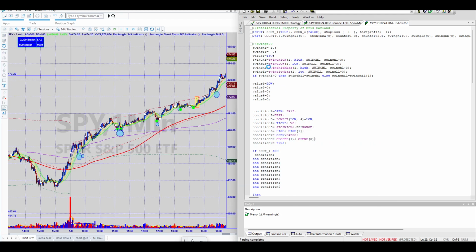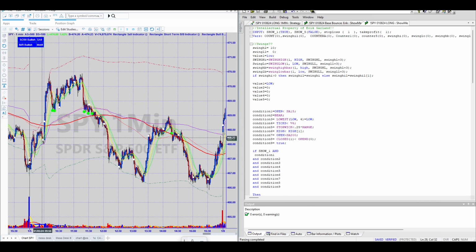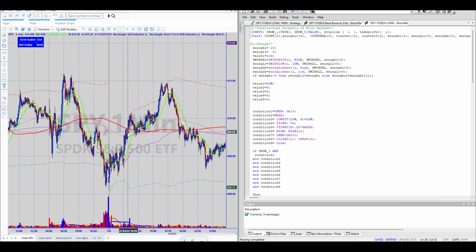So we'll verify that, and it should be the same here also. This should also be saying that the close of the day here is less than the open of the day here. And so you only want to take trades on days where you have a slight gap up.